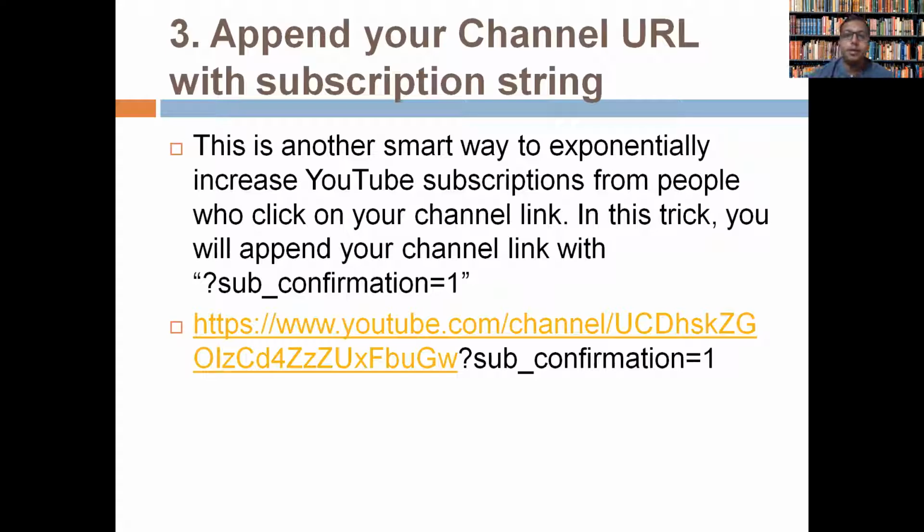For example, I have given my channel link over here, that is https colon forward slash forward slash www.youtube.com slash channel slash my channel link. After my channel link, I have to add this magic tag, that is question mark sub underscore confirmation is equal to 1.